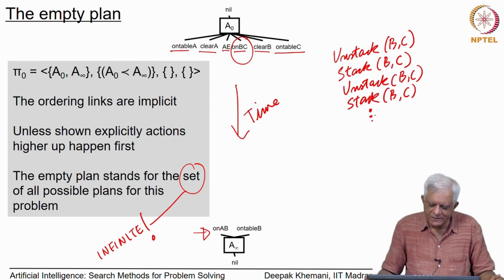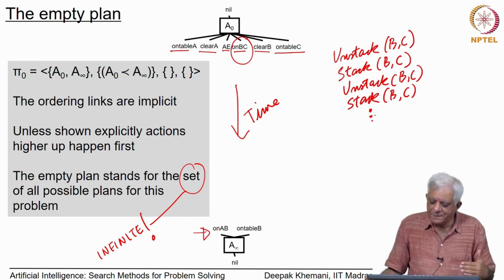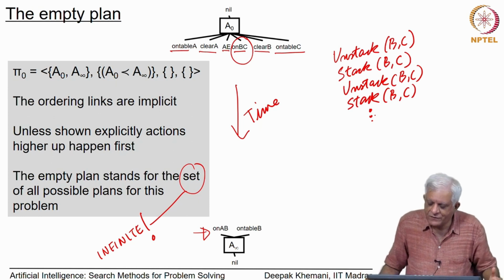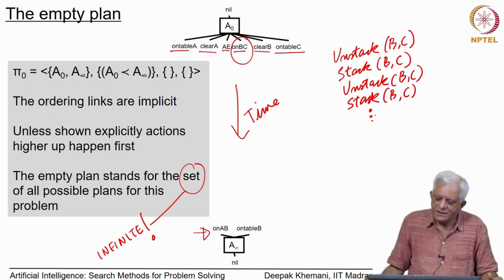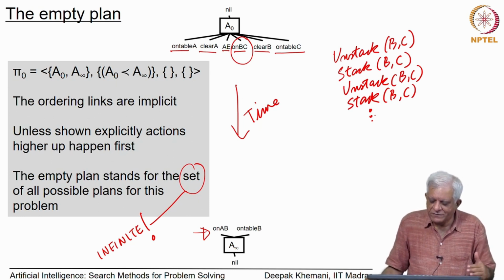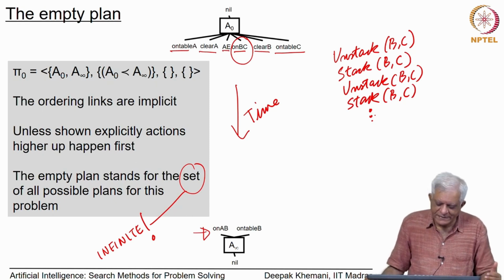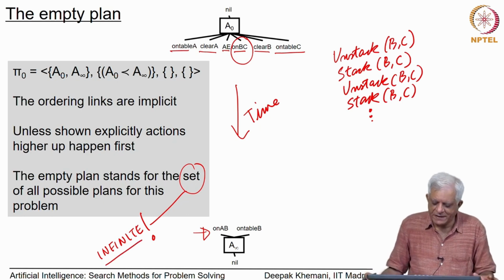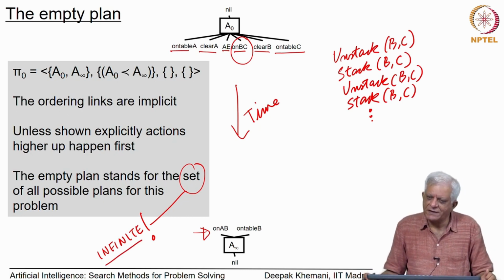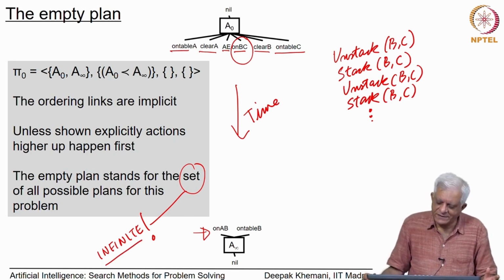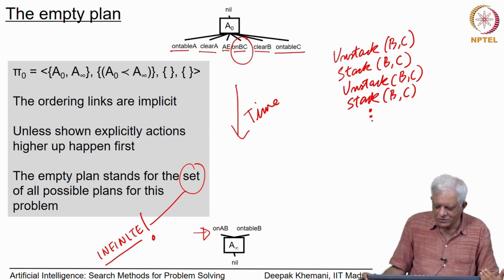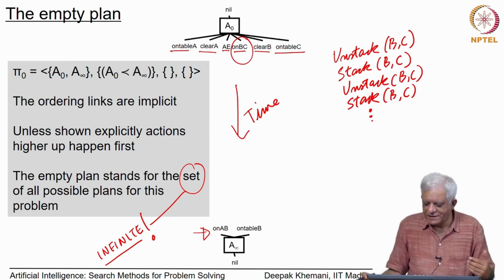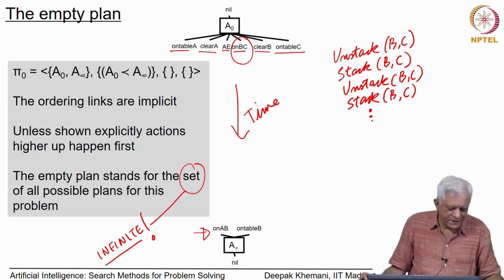We can do this any number of times, and any plan which incorporates these four actions would still be a valid plan. Of course, it would not be an optimal plan, but it would still be a valid plan. So, in that sense, the space explored by plan space planning, even for this tiny problem that we are looking at, is infinite, whereas the space explored by forward state space planning, backward state space planning, and goal stack planning would have been finite essentially. So, that is one little bit of a difference between the two approaches.